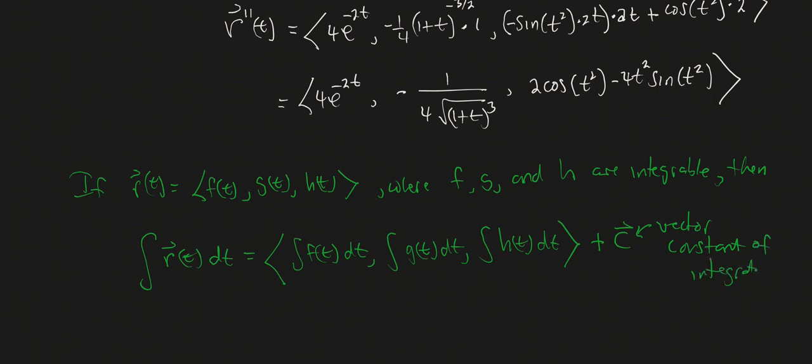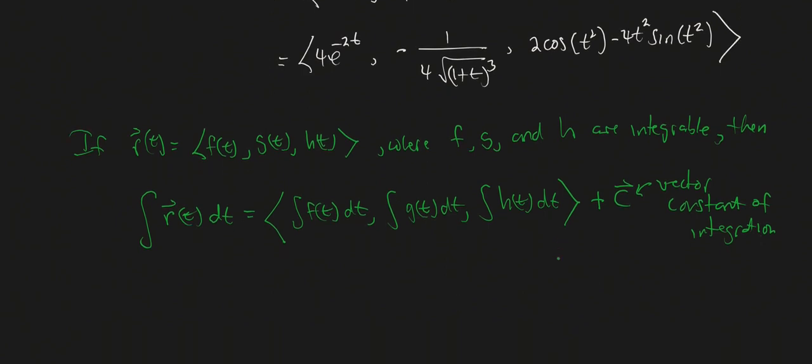Again, when we integrate just a scalar function, like f of x, we get a scalar constant of integration. When we integrate a vector function, we get a vector constant of integration. And then let's say we have a definite integral that we have to compute. It's very, very similar. We just put the limits on each of these three integral signs. And of course, we know that for definite integrals, there is no plus c, right?